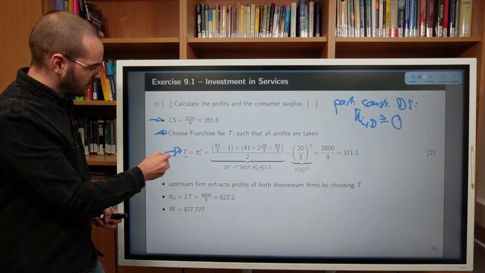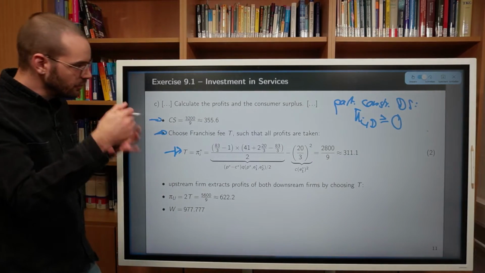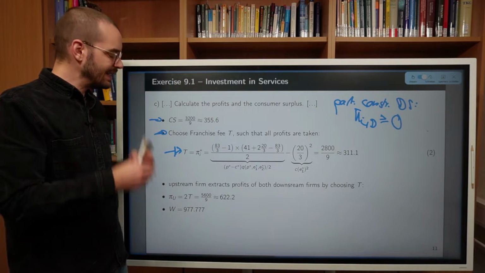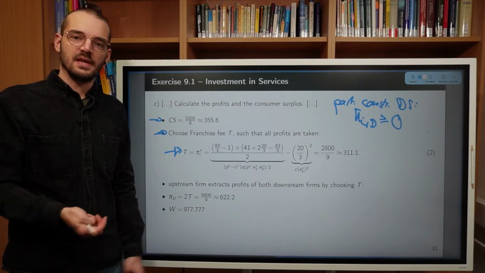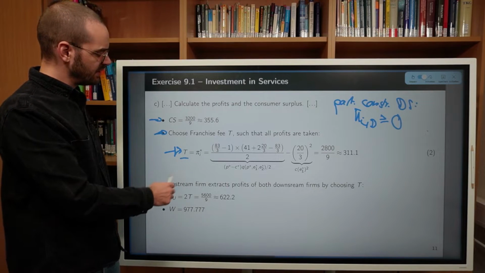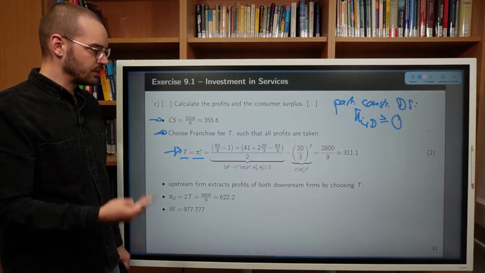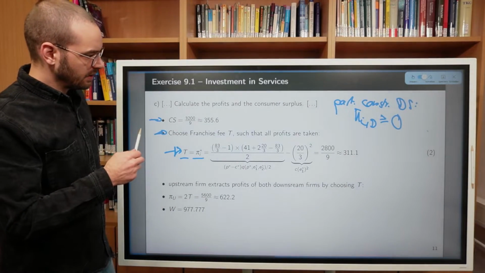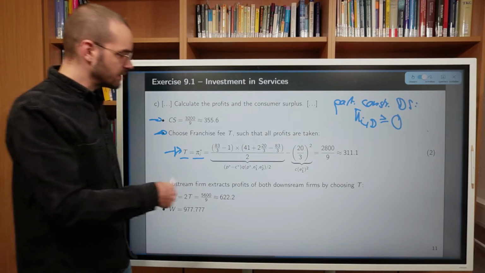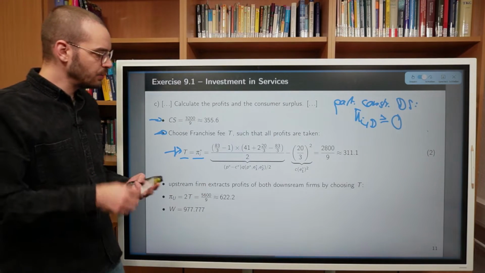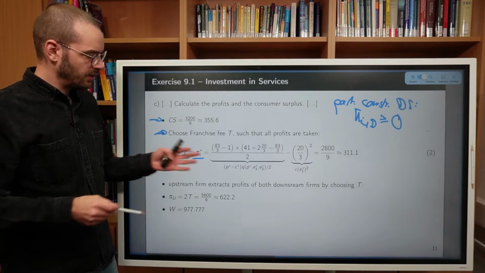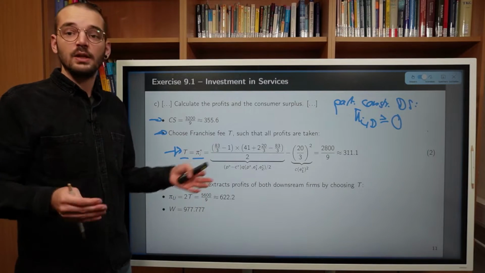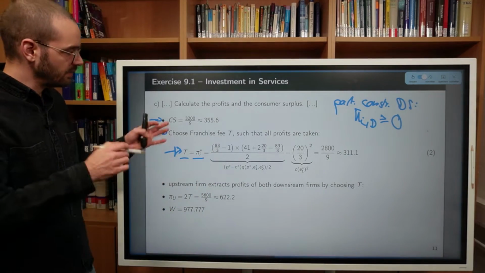All right, so knowing this, considering this, the upstream firm can set the franchising fee exactly in the amount of the downstream profits. So T takes the value of the individual downstream firm's profits. We can, of course, calculate the downstream firm's profits because we know E, we know P, we know Q, we know the wholesale price the firm is paying, which is equal to the constant marginal cost of the producer by assumption.